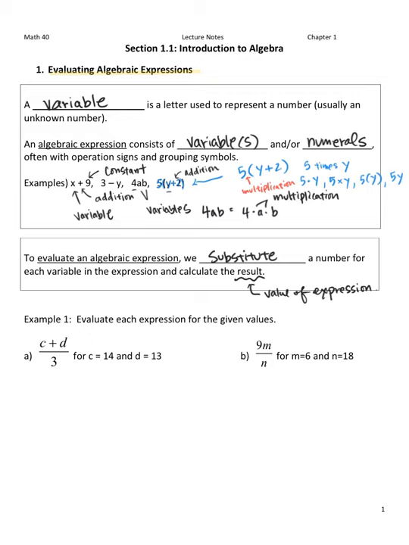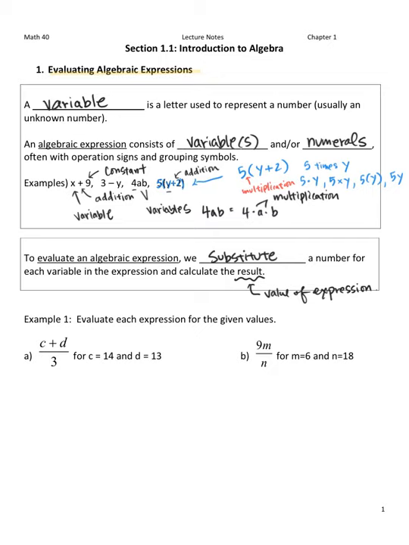Okay, so let's take a look at this example. Number 1, evaluate each expression for the given values. A, c plus d over 3, or c plus d divided by 3, for c equals 14 and d equals 13.